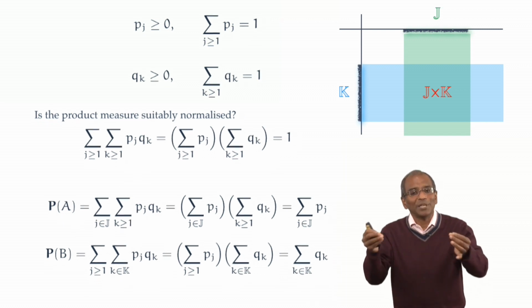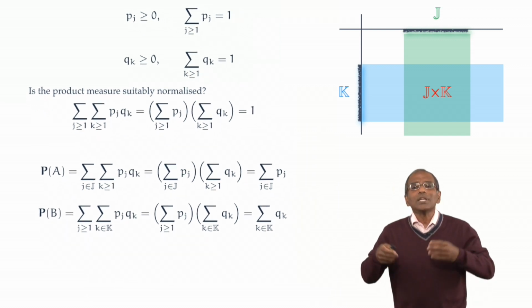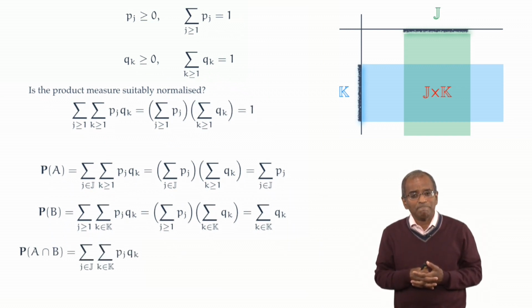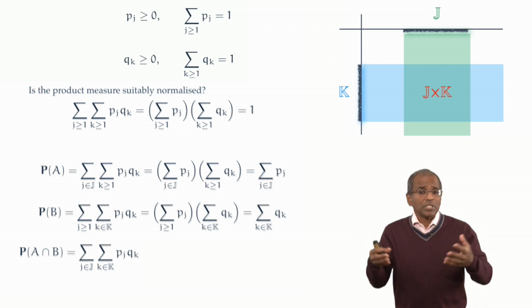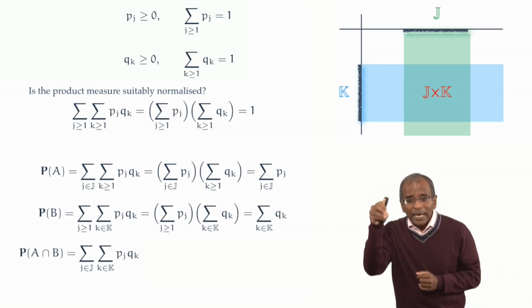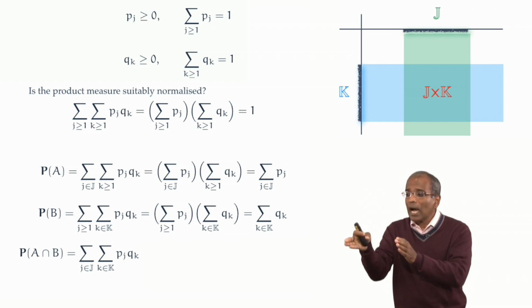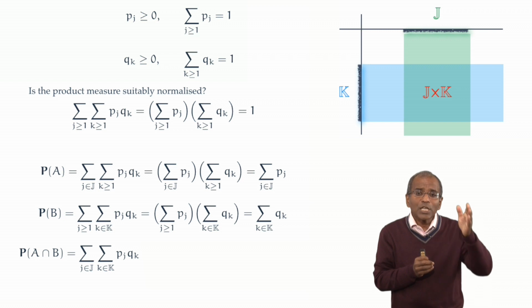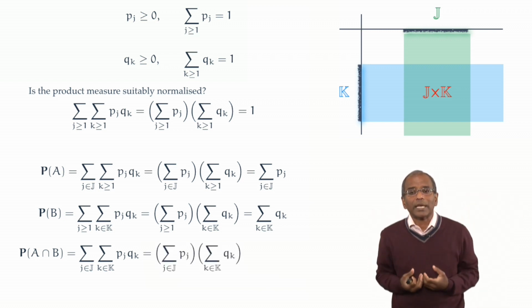Very good. And now the million-dollar question. What can I say about the probability of the intersection of A with B? Again, we sum over all possibilities, but now we are looking at ordered pairs where the index j has to lie in the identified subset blackboard J. The index k has to lie in the identified subset blackboard K. We separate the sum again into a product of 2 terms.